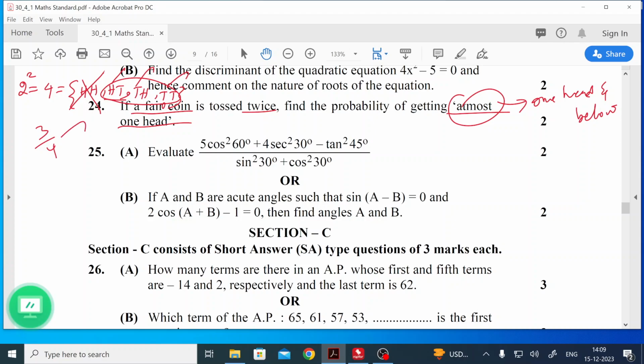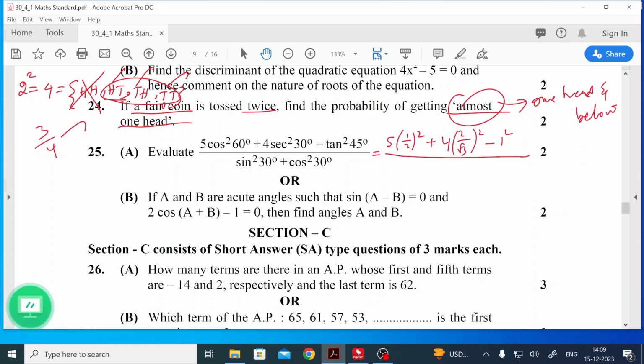And here it's like a book back question, I think. 5 into cos 60, 1 by 2 square, plus 4 into secant 30, 2 divided by root 3 square, tan 45, 1 square, whole divided by sin square 30 plus cos square 30, which is 1, because the angle is the same.